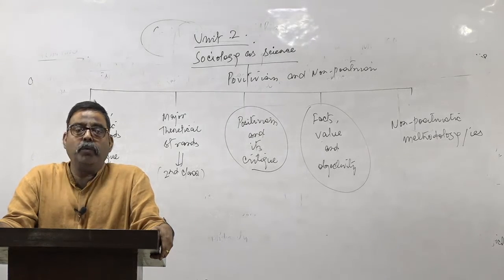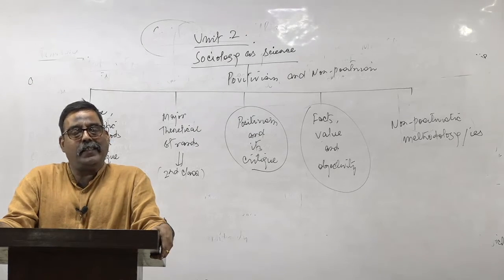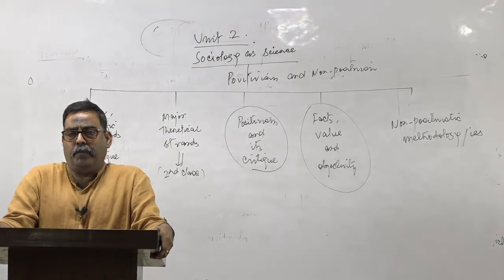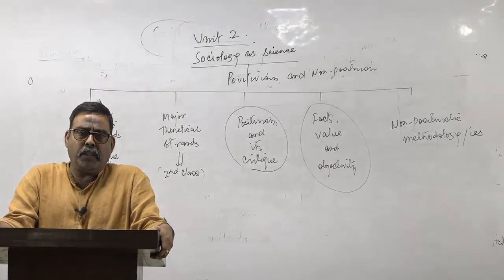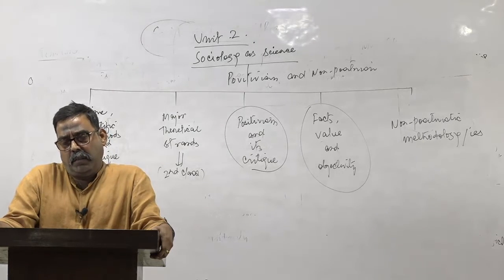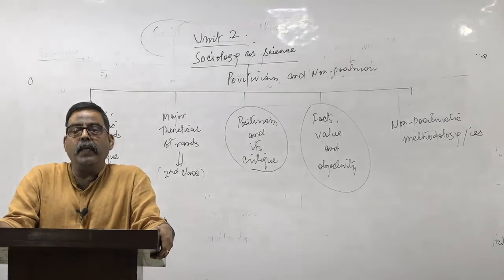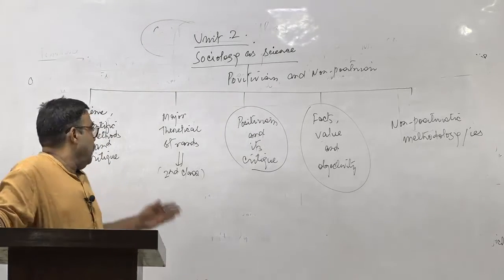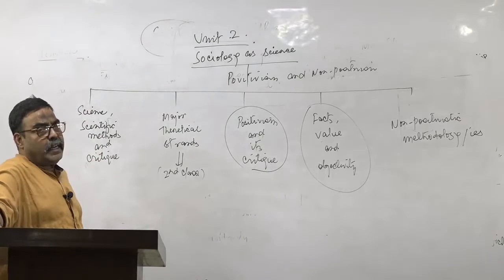Your unit 2 is sociology as a science. So your major focus should be on what ground sociology seems to be a science and how the sociological works have tried to look at sociology as a science. Yet another question: is sociology a science? So here scientific methods and critique will come out.